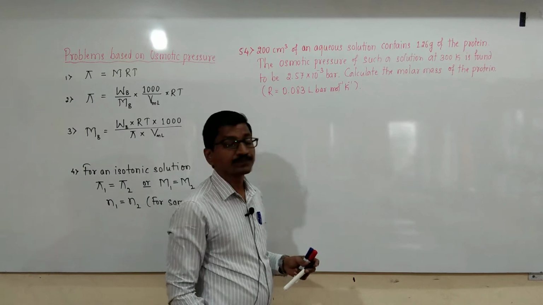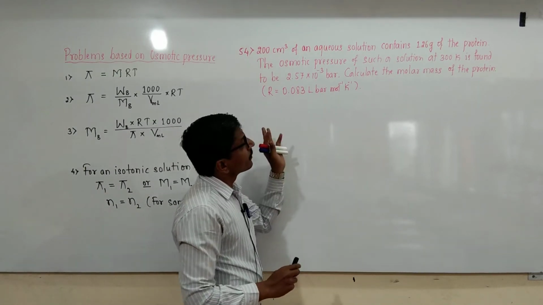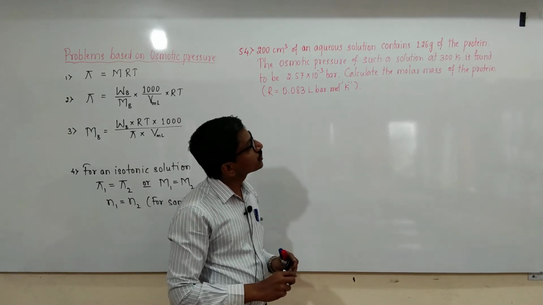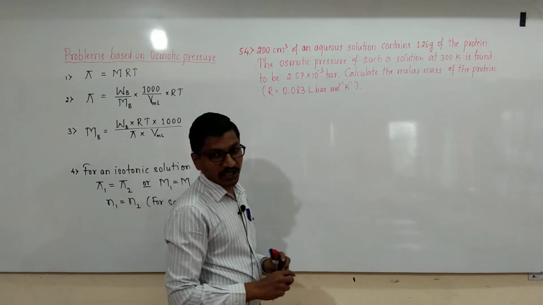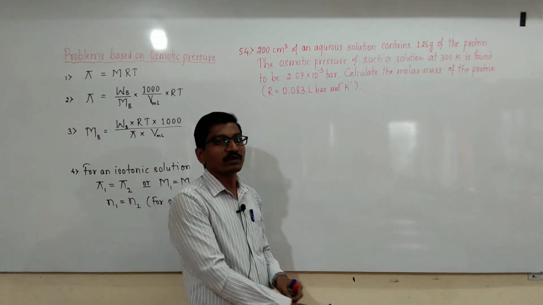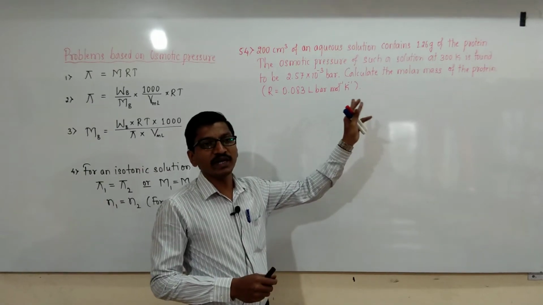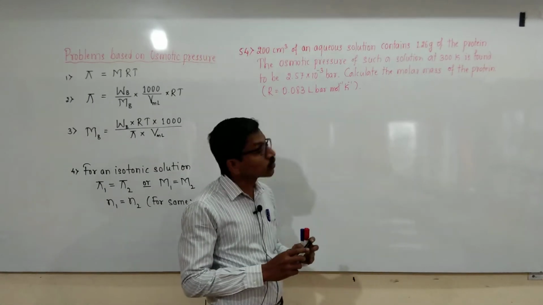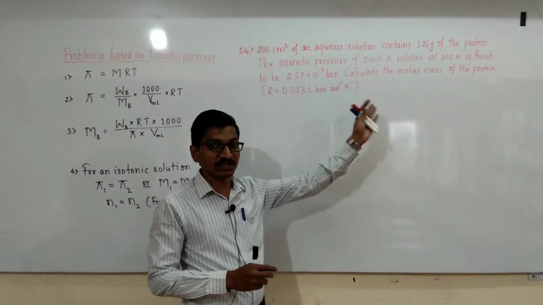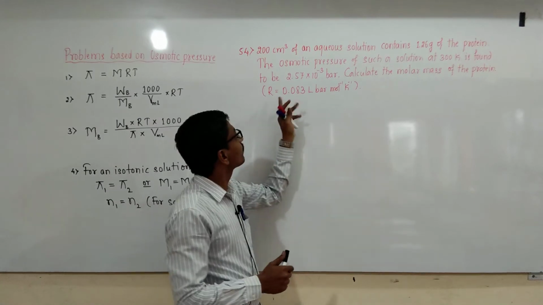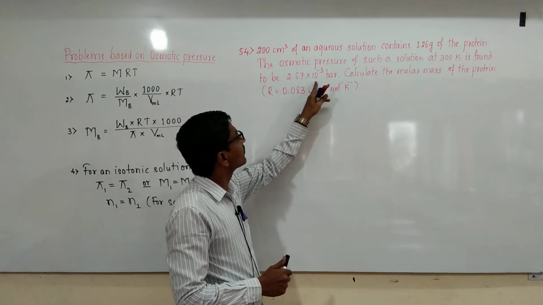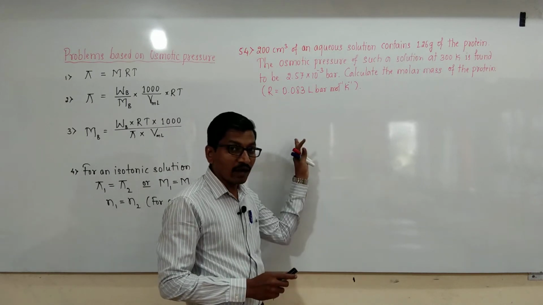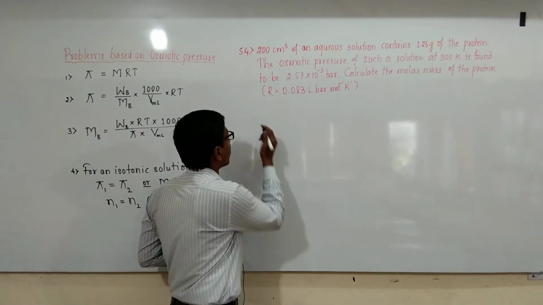In this, 200 cm cube of an aqueous solution containing 1.26 gram of protein. The osmotic pressure of such a solution at 300 Kelvin, temperature is given, that is 300, and osmotic pressure is found to be 2.57 into 10 raised to minus 3 bar. Calculate the molar mass of protein, and R value is also given.